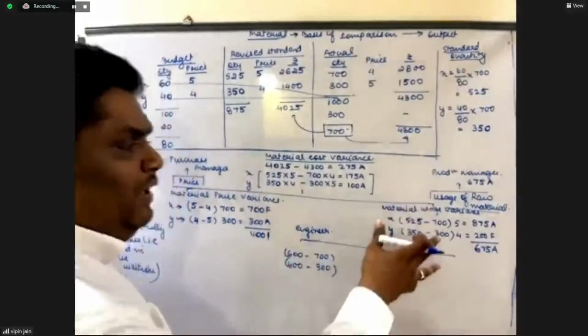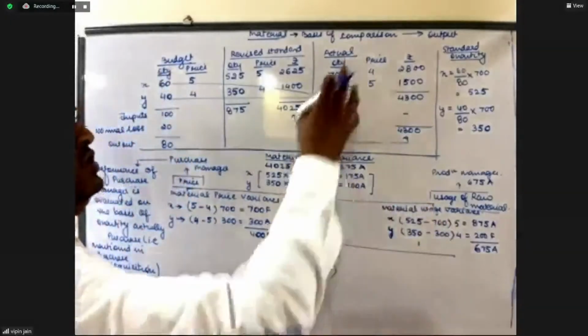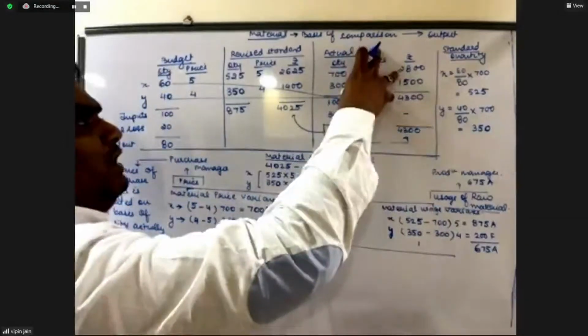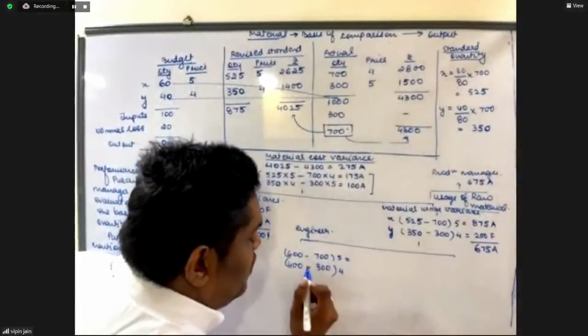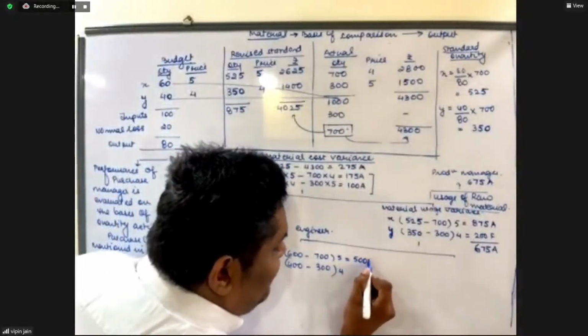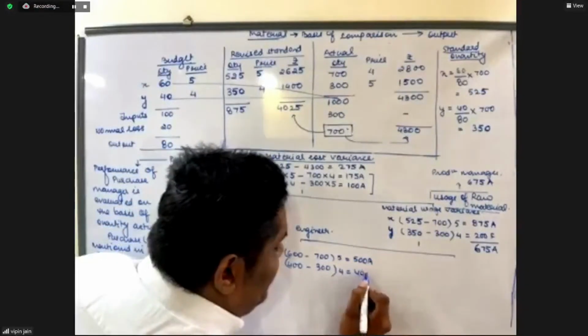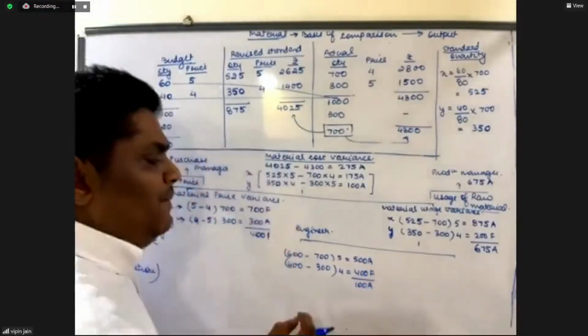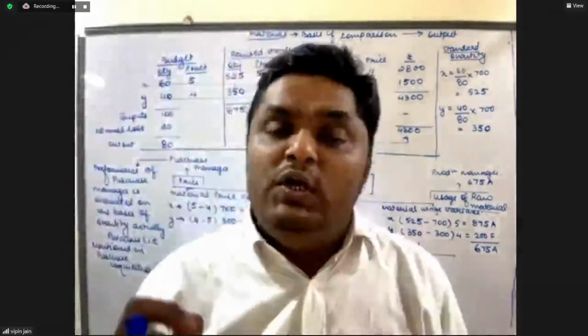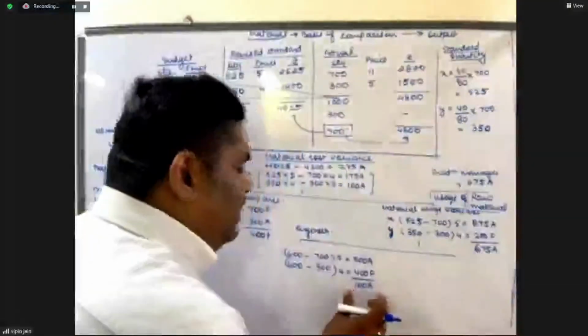Since it is the subordinate of the production department, the role of the purchase manager will not come into the picture; we'll be taking the standard price only, that is 5 and 4. So here he is making a loss of 500, but here he is making a profit of 400 also. So at the end of the day, Mr. Sushil is contributing towards loss, but only 100.